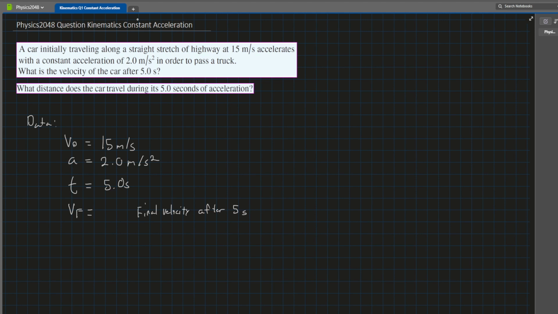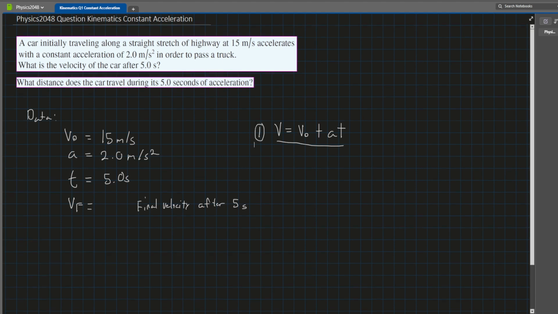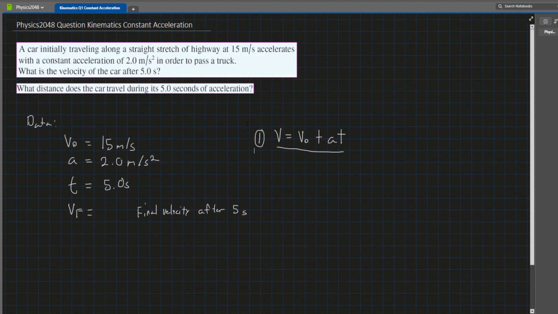So we can use this formula, which is final velocity is equal to initial velocity plus acceleration times time. And that we will use for the first question.